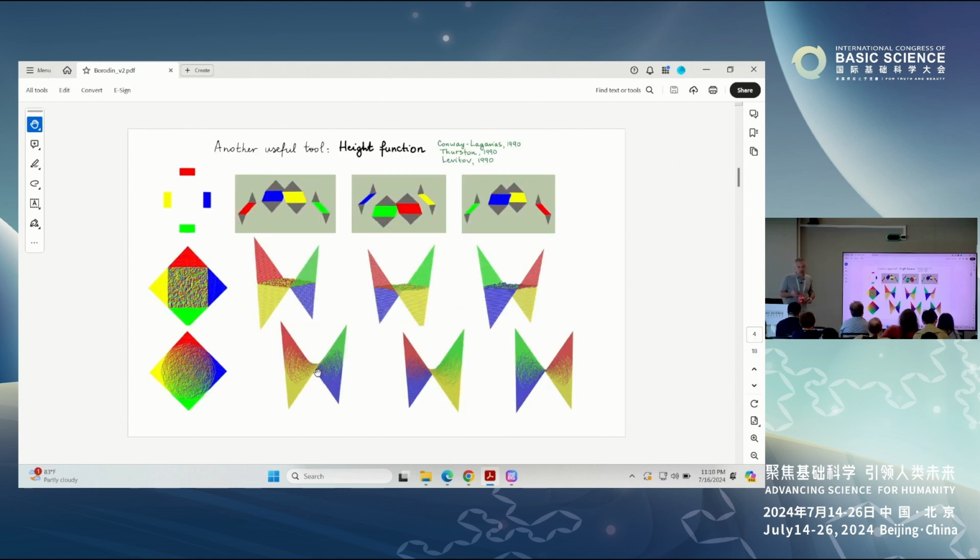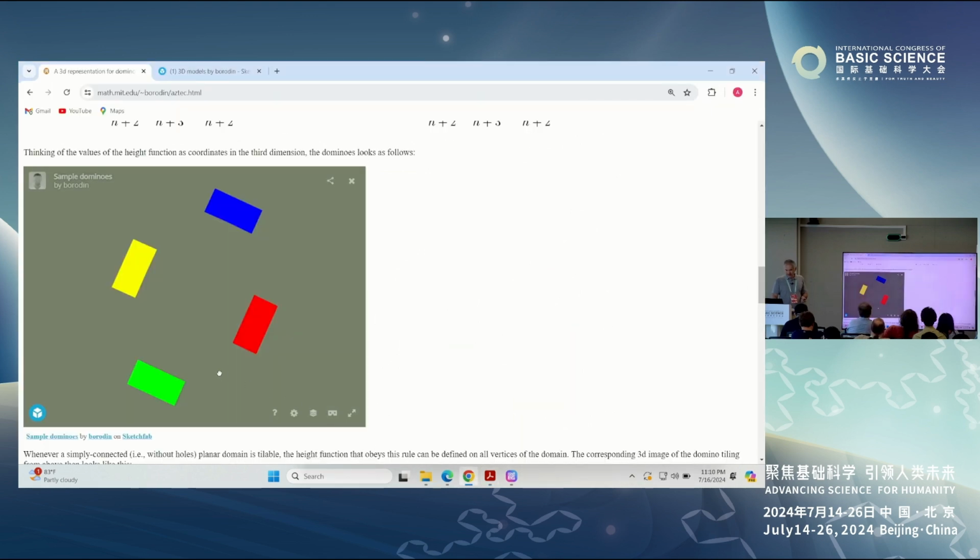So there is one more tool that makes visualization even more appealing. And the tool is that instead of looking at the planar picture, one goes into 3 dimensions. Okay? So rather than showing it on the pictures, I'll try to show the 3-dimensional simulation. So we have dominoes of 4 colors.